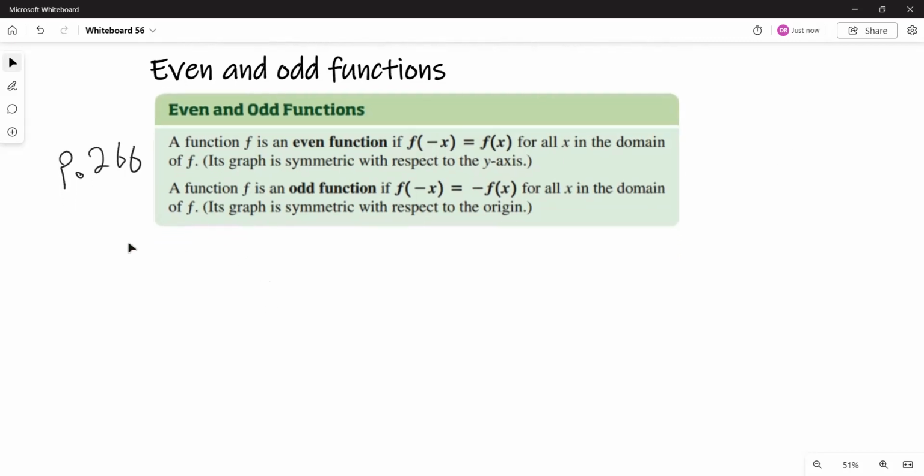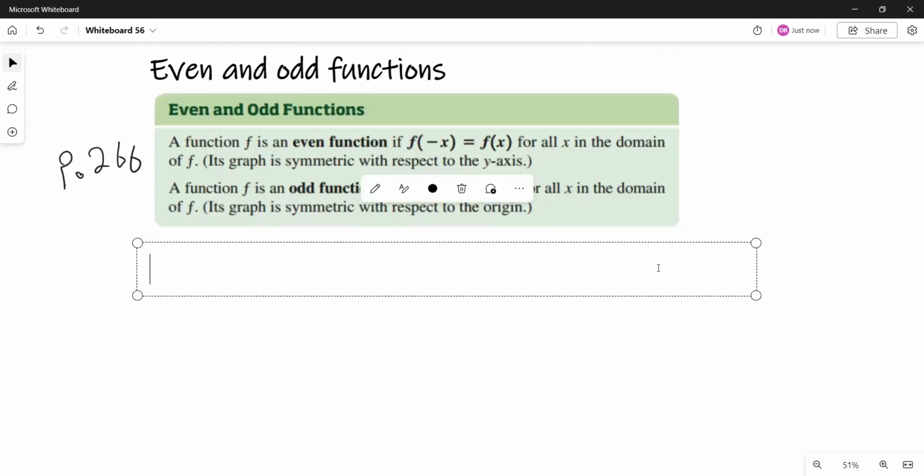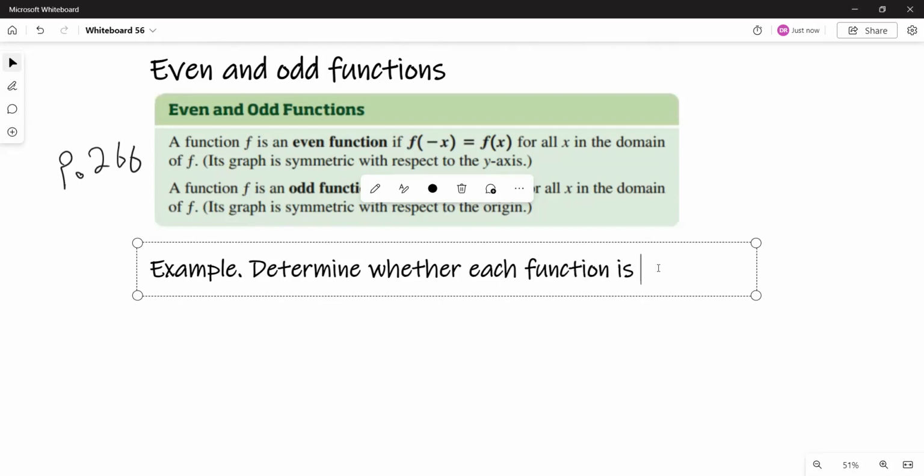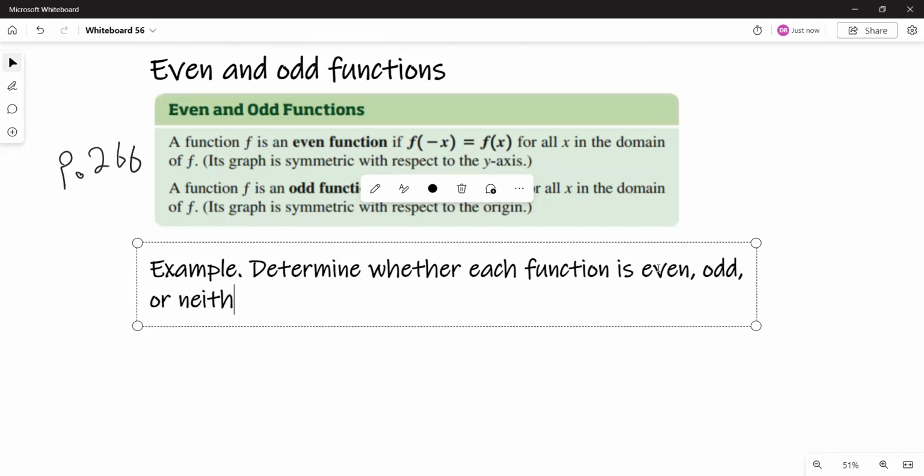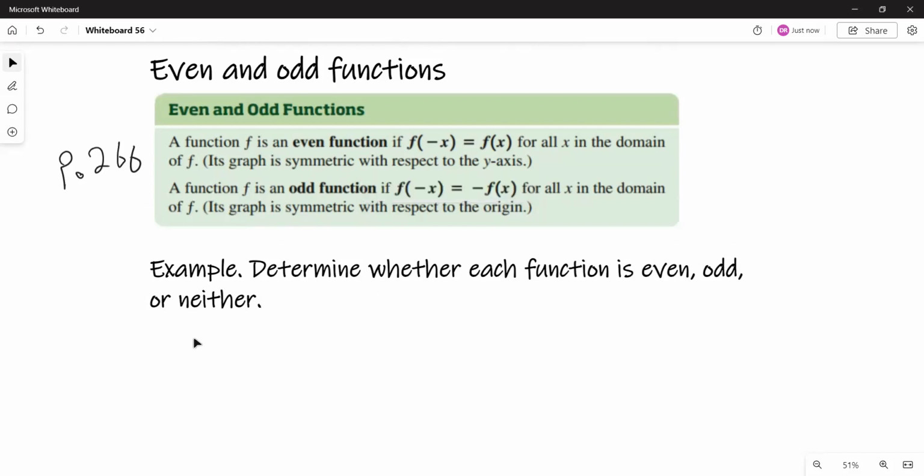So in this example, we will determine whether each function is even, odd, or neither even nor odd. The first function is 2x cubed minus 3x.